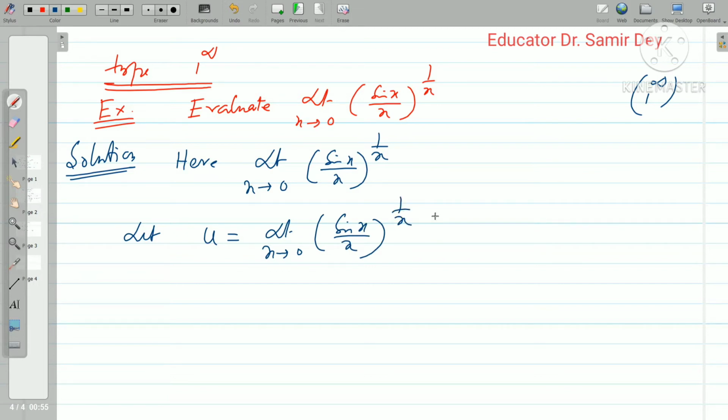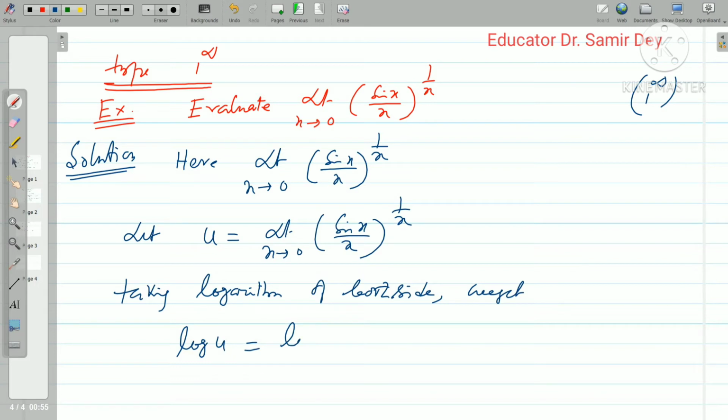Okay, taking log of both sides we get log u is equals to log of limit x tends to 0 of (sin x by x) whole to the power 1 by x.